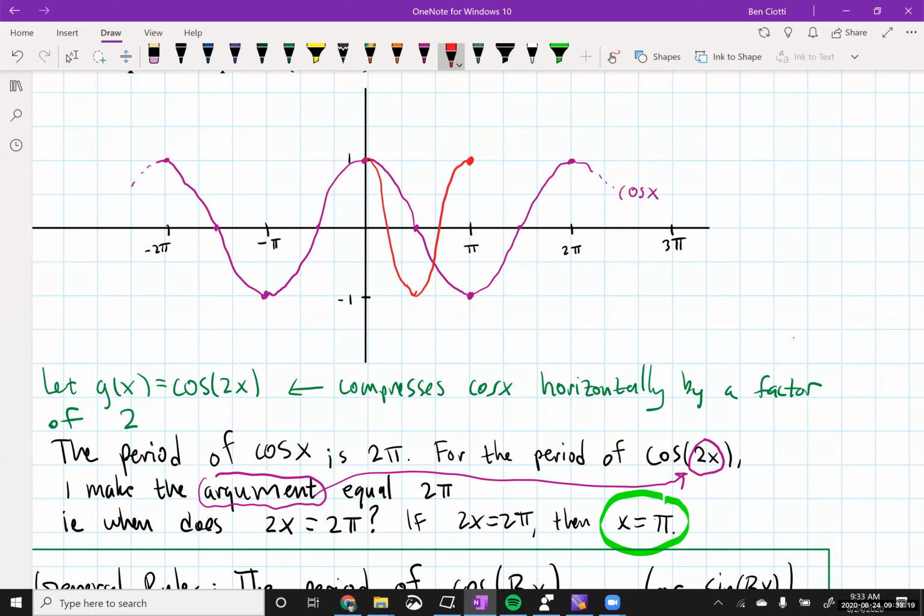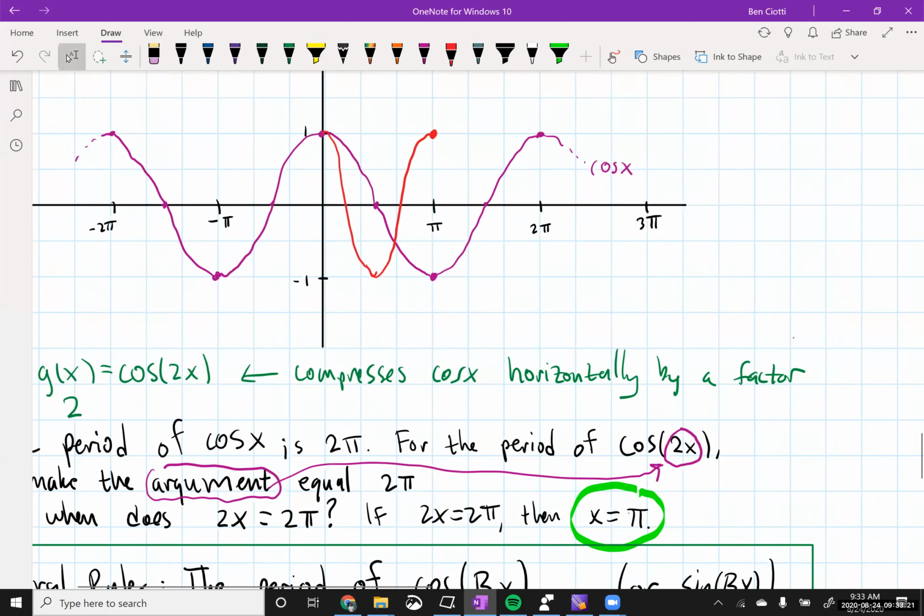Notice what I'm doing is I'm just taking all the x values of the points that I know and compressing them. Like this point right here, which was (pi, -1), got compressed by a factor of 2, and now it becomes the point (pi over 2, -1).